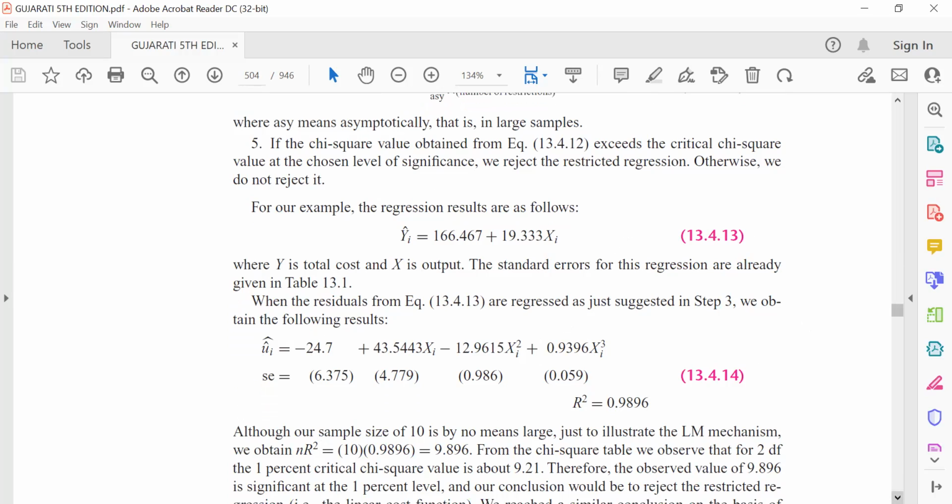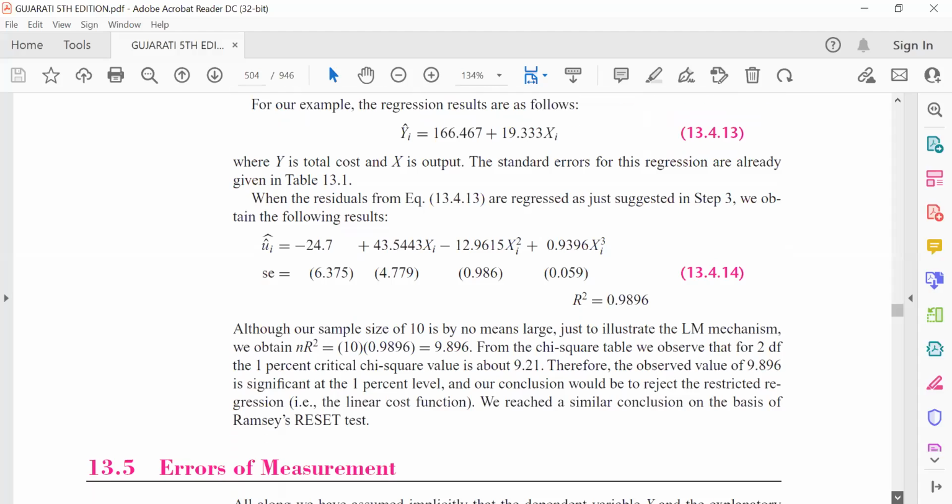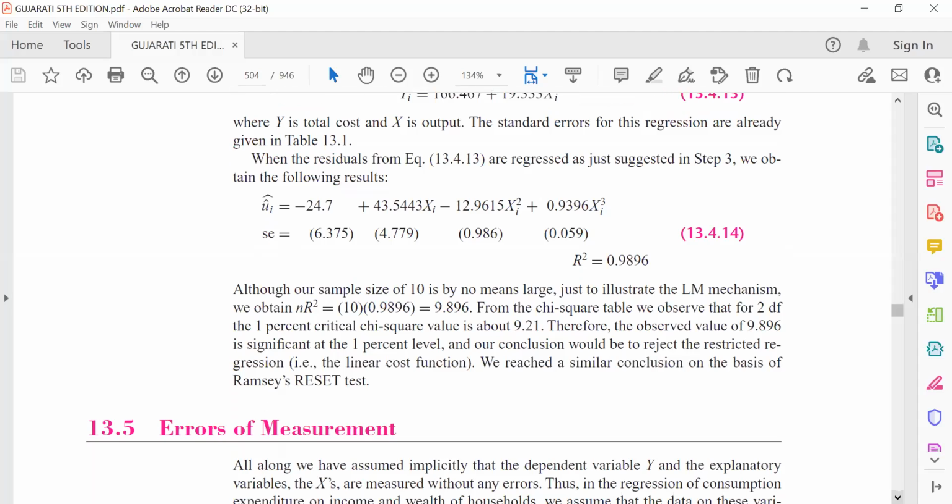The degrees of freedom for the chi-square is 2, and at 1% the critical value is 9.21. That means we reject the null hypothesis, so there is a misspecification.